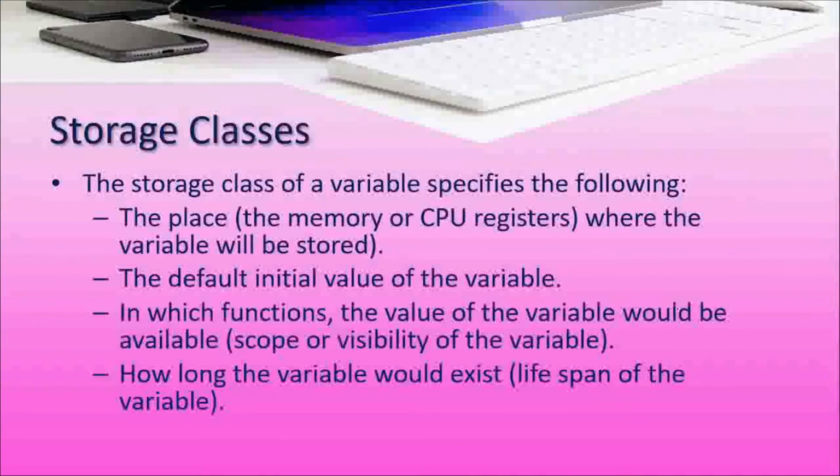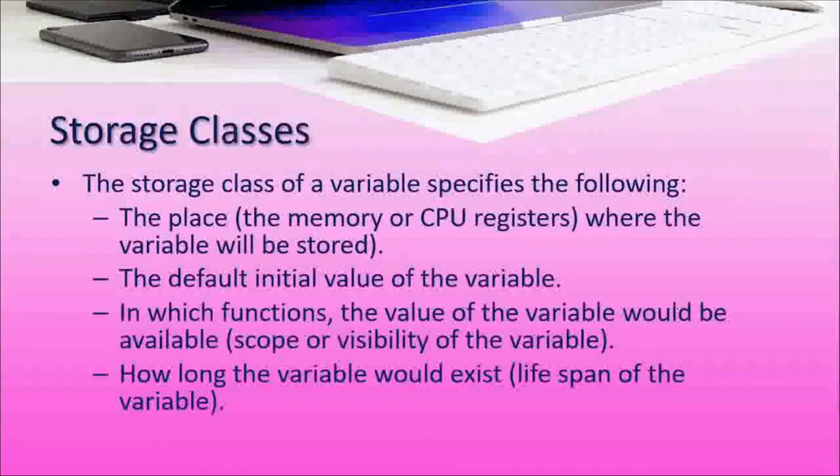The storage class of a variable specifies the following: the place where this particular variable will be stored. Whether it will be stored inside the memory, or stored inside the CPU registers.